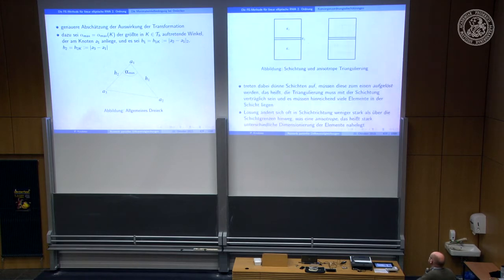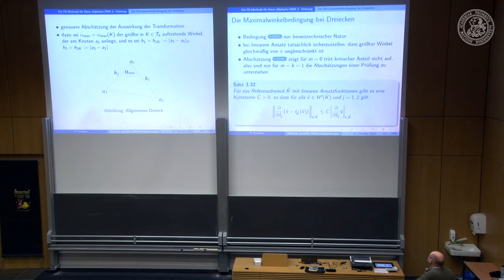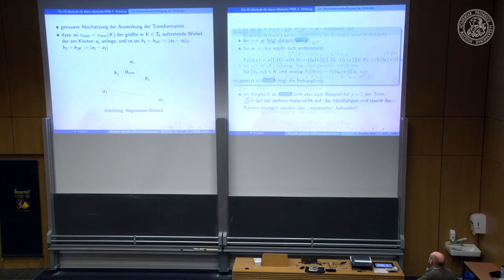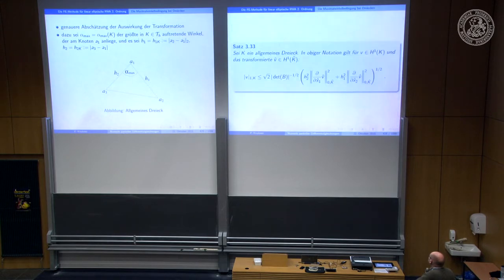And what do we get instead? It looks a little bit strange. Okay, what do we get? We get here the corresponding L2 norms of the first derivative and the second.